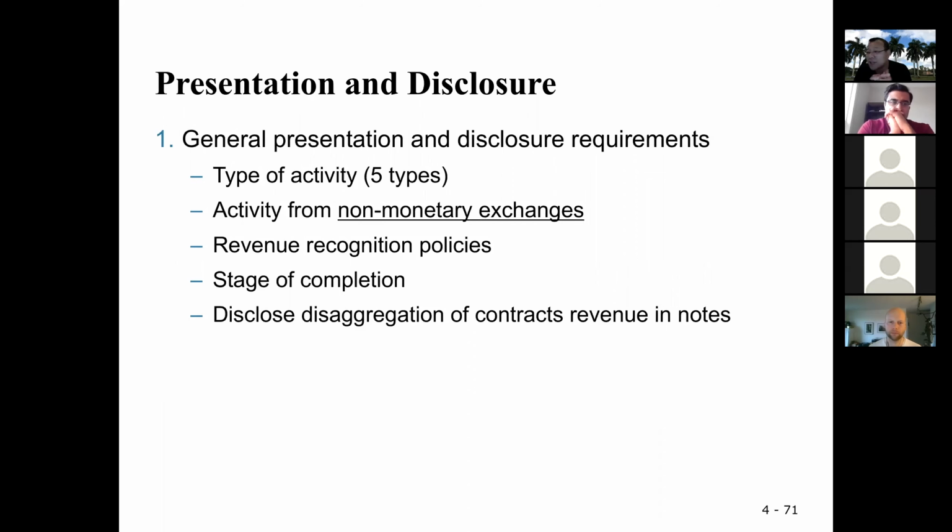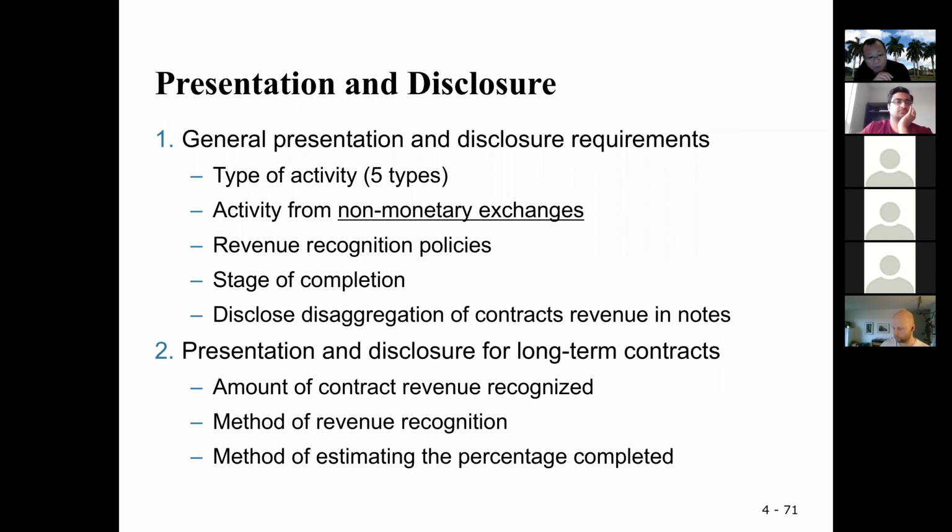Stage of completion. When I talk about long-term contracts, percentage of completion, disclose the disaggregation of contract revenues in the notes. And what else is there in presentation and disclosure for long-term contracts? The amount of contract revenue recognized. The method of revenue recognition: is this the percentage of completion or completed contract method?